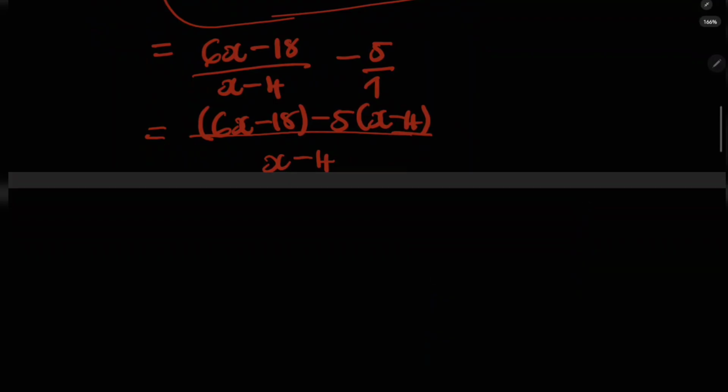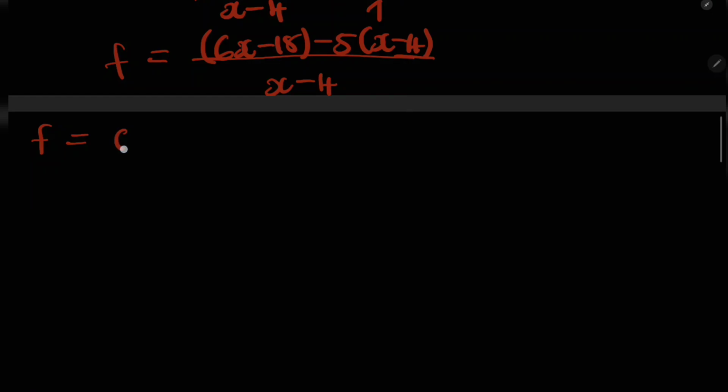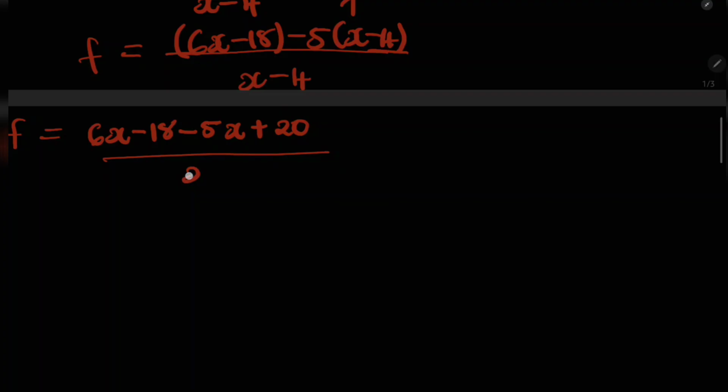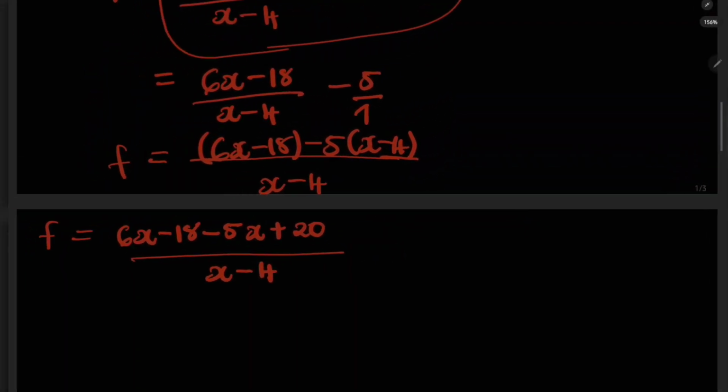So we are going to simplify it further. We will have 6x minus 18 minus 5x plus 20 divided by x minus 4. I just did a simple simplification. Let me start from this.